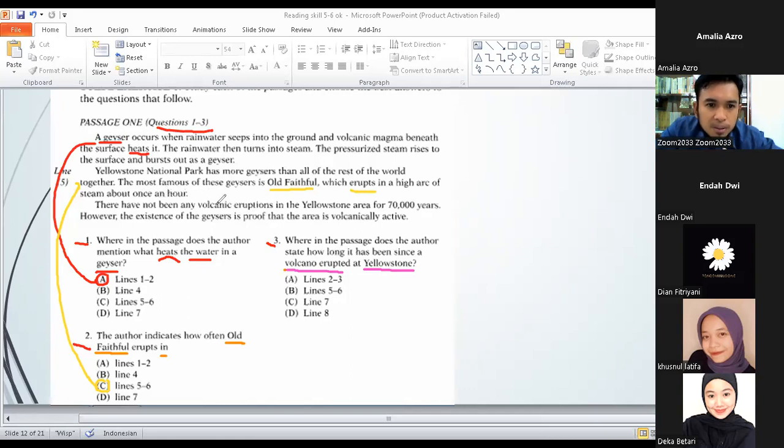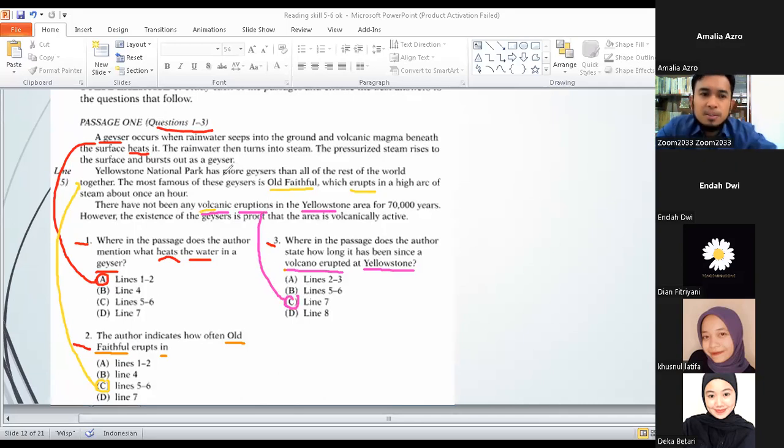What's your answer, Charlie? Okay, for number 3, volcano eruption. Volcanic eruption in the Yellowstone. So that's why the answer is Charlie.